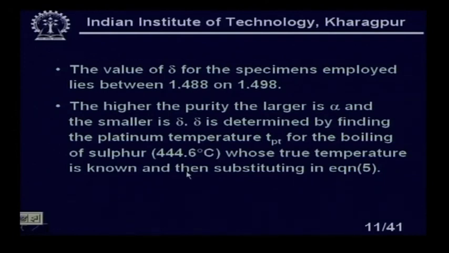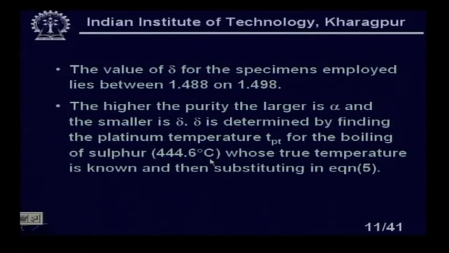Now, obviously, delta I can find from equation 5 by finding the platinum temperature T_PT for the boiling point of sulfur, which is usually 444.6 degree centigrade. The reason we have chosen the sulfur boiling point is that it is available in pure form, and instead of taking the boiling point of water, we are taking a little higher temperature.